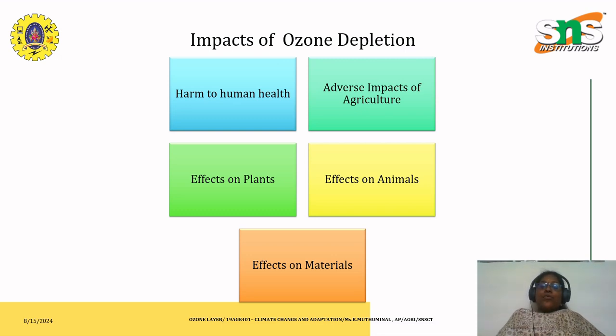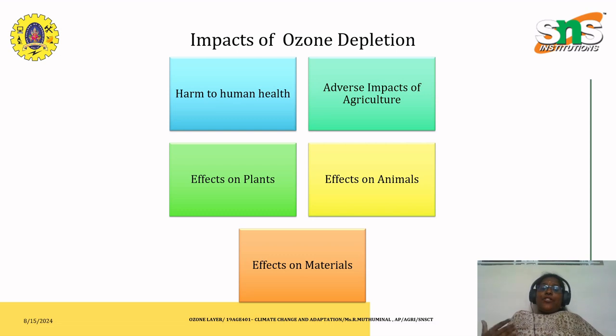The first impact of ozone depletion: since the ozone gets depleted, what happens? It will reduce the thickness of ozone that is available, and it means that through the ozone hole the UV radiation and the sunlight will directly pass to the Earth's surface.